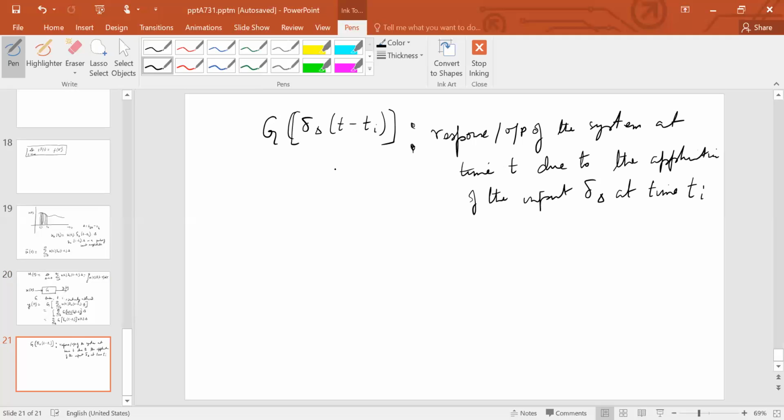Notice that this response depends only on the difference between these two time instants. Why? That is because of the time invariance.